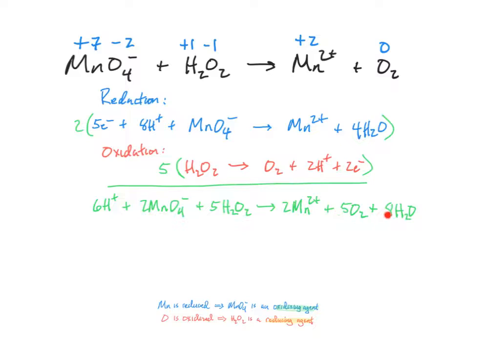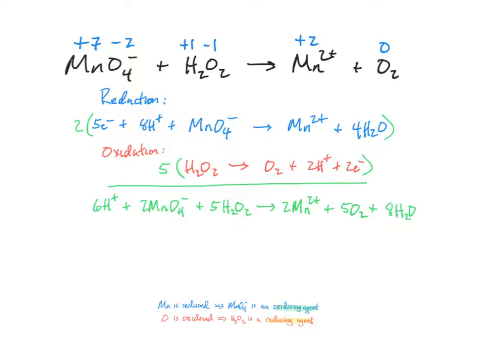I have 10 plus 8 is 18 oxygens on the right. 10 H's on the left, plus 6 more is a total of 16 H's on the left. 8 times 2 is 16. And then charge, 6 plus minus 2 is a net 4 plus on the left. 2 times 2 is a net 4 plus on the right. Okay, so I have my reaction balanced.